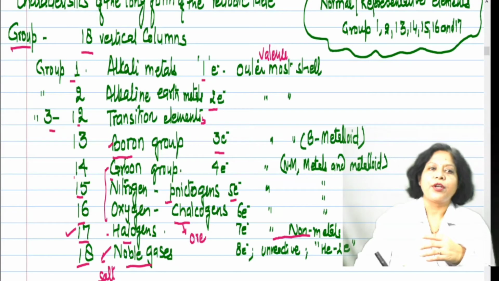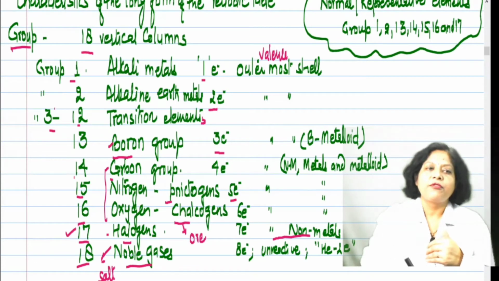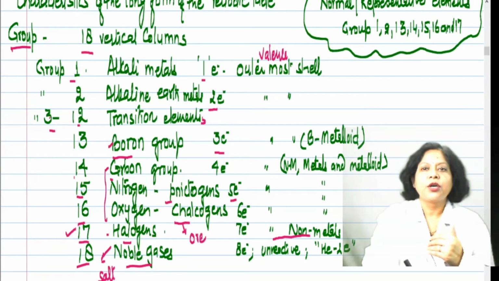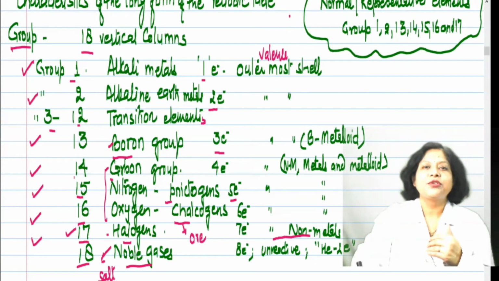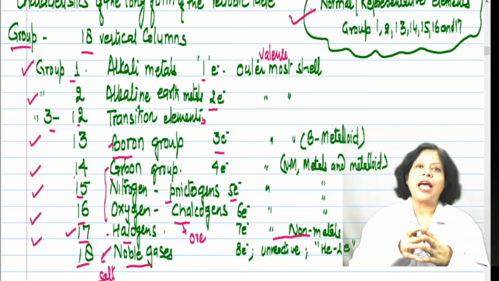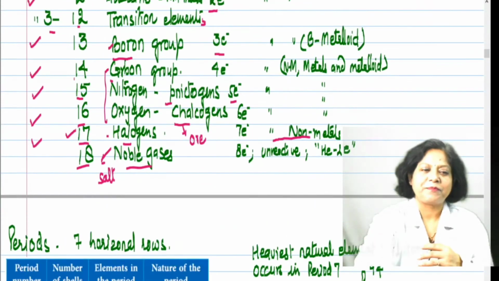And also children, remember, the normal elements or representative elements are from group 1, group 2, group 13, group 14, group 15, group 16 and group 17. So these elements are known as normal or representative elements.